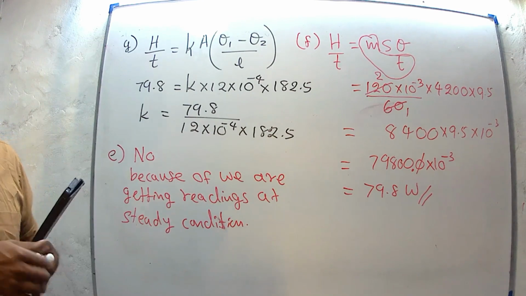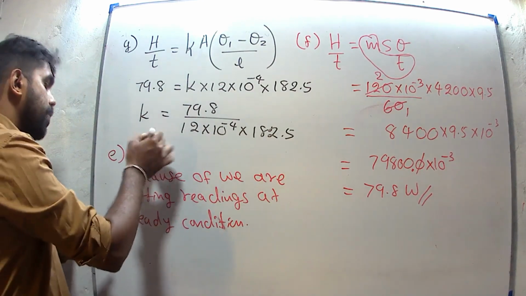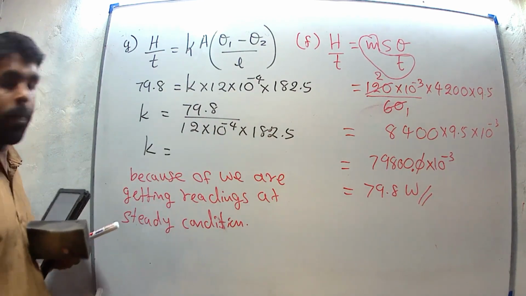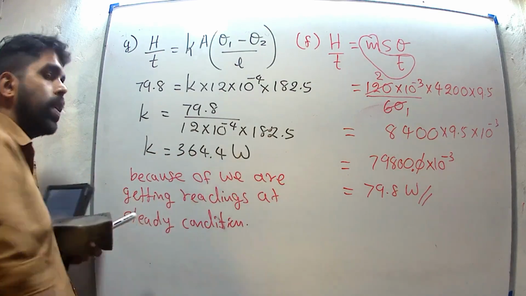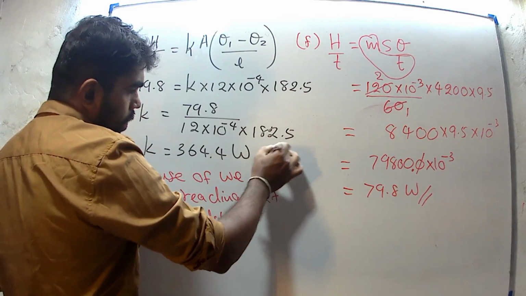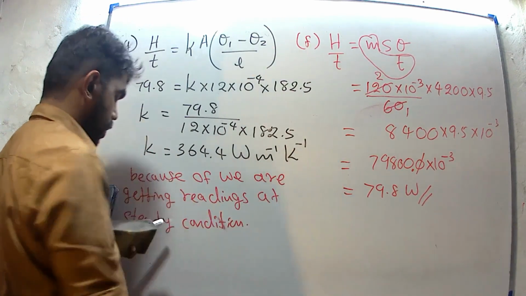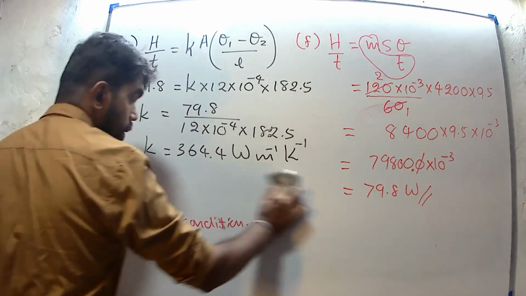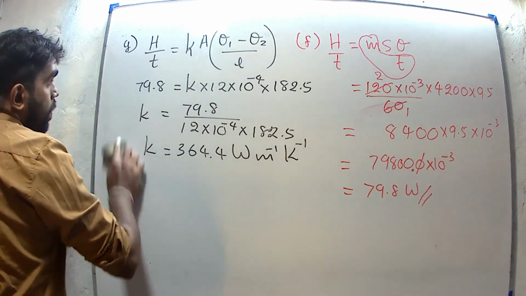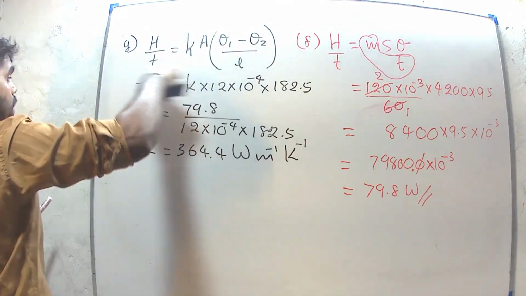Now we can divide it. Answer is 364.4 watt per meter per Kelvin. You can find the unit by using the units of this equation.